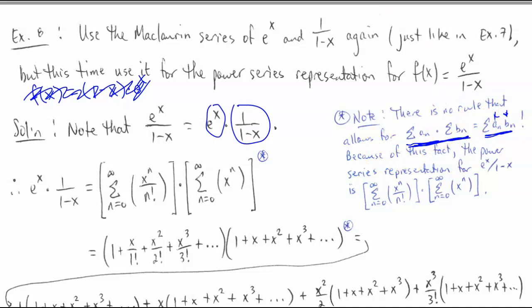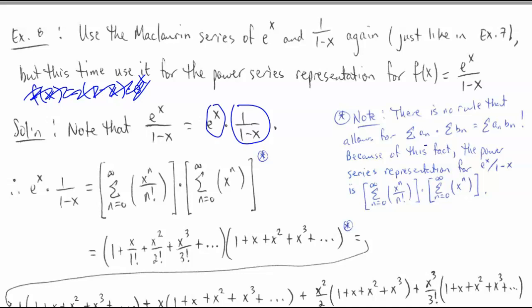So because of that, what we're going to have to do is actually figure out the Maclaurin series version of e to the x and of 1 divided by 1 minus x, and then literally multiply those together, which I'll be honest is a pain. But the good thing is that in most of these situations, all we really care about is having enough terms to approximate to the accuracy that we need.